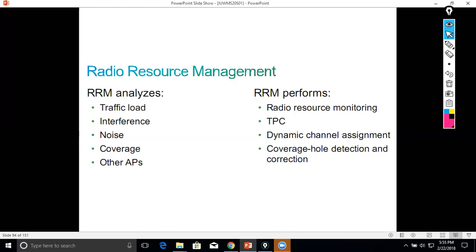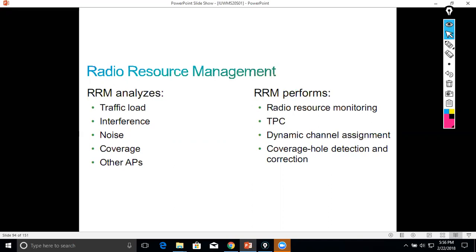So what does it majorly do? RRM analyzes traffic load, interference, noise, coverage, and other access points. RRM performs radio resource monitoring, transmit power control (TPC), and dynamic channel assignment if the channel needs to change. It also does coverage hole detection and correction.